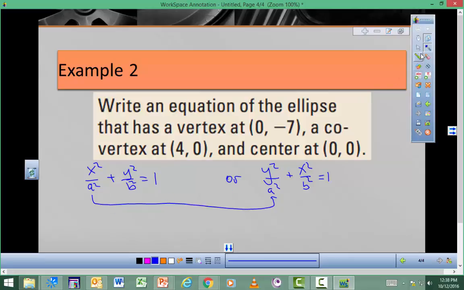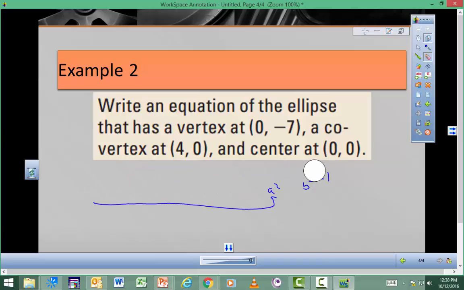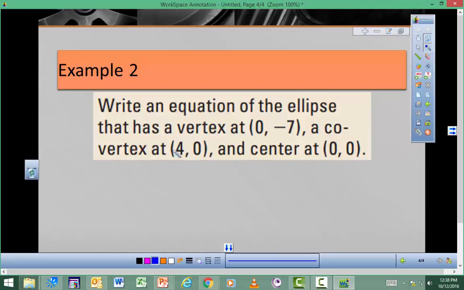But based on this information, can we quickly determine which case we have? Well, what they've given us in this problem is a vertex. One of the vertices is at 0, -7, way down here, right? And that tells me this thing's elongated like this.